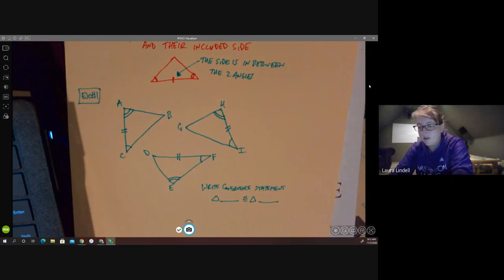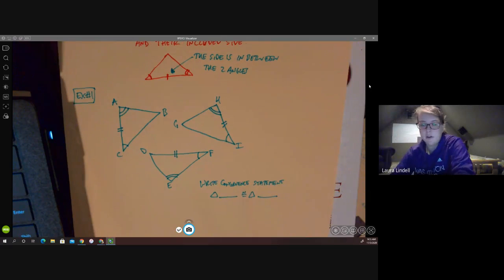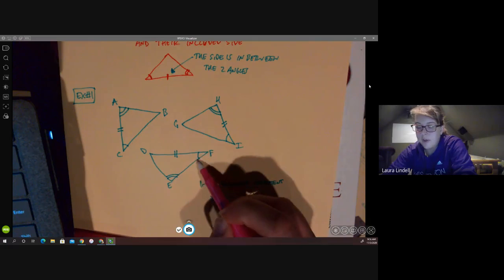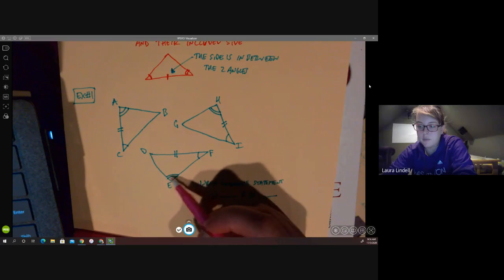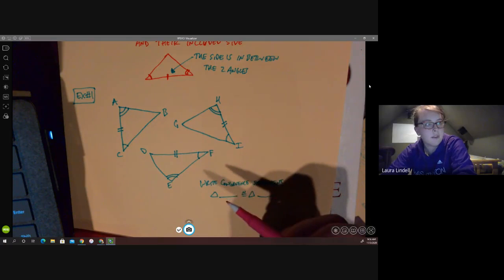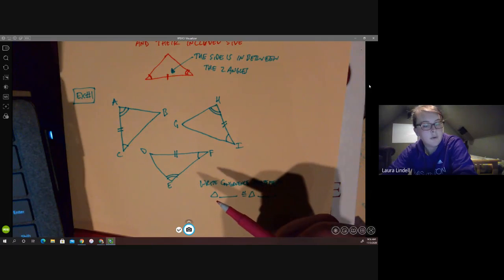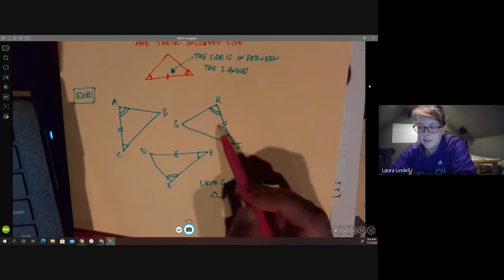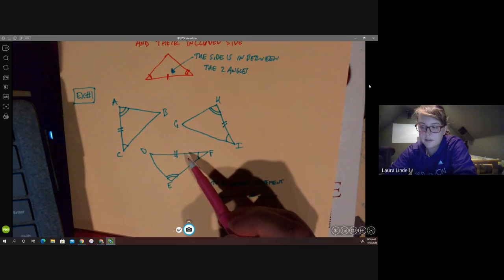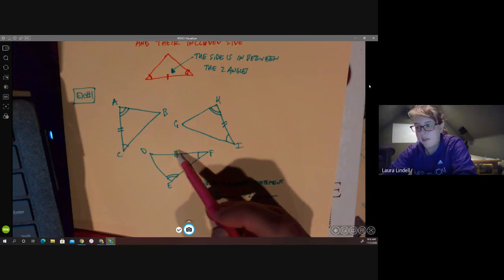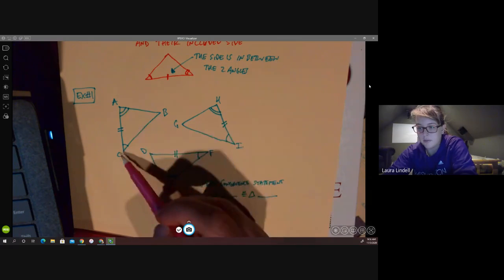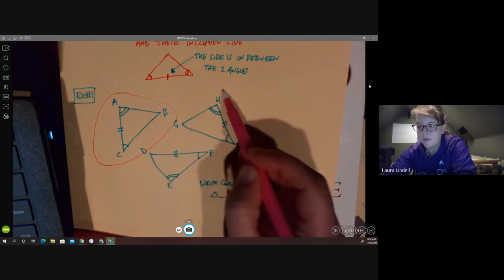Okay. So what we want to notice here is we do have on all three of these two angles that are the same. We have two arcs in one of them and one arc in the other on all three. But that's where the similarities end. We've got two lines in the side here, two lines in the side here, two lines in the side here, but on one of them, it's not the included side. On this one, it goes angle, angle, side instead of angle, side, angle, like it does on this one. So that means that these are the two that we are using.